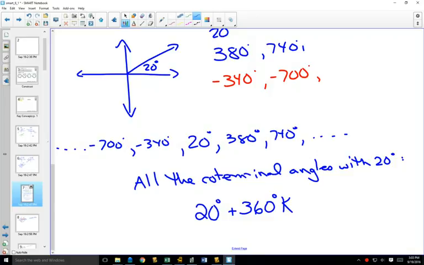Whole numbers would just include the positive ones, 1, 2, 3, 4, 5, 6, and 0, but wouldn't include the negative ones. Integers do. So after we write this, we need to say that k is an integer, where k is an integer.